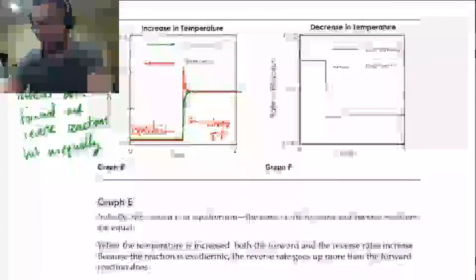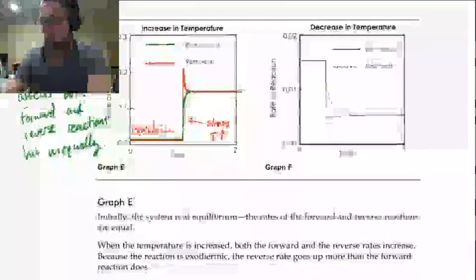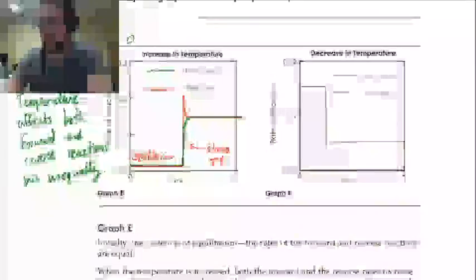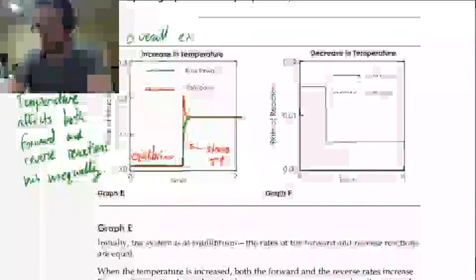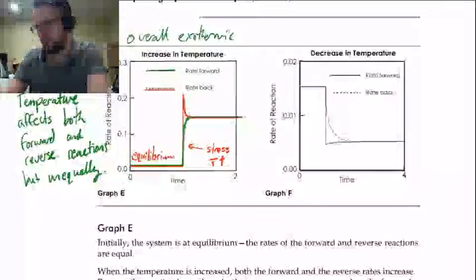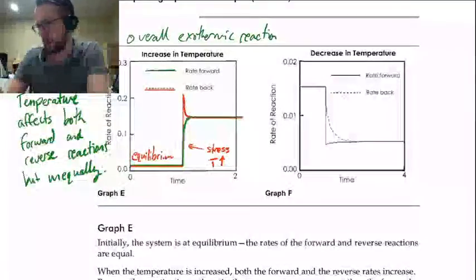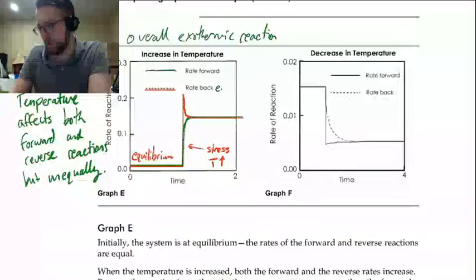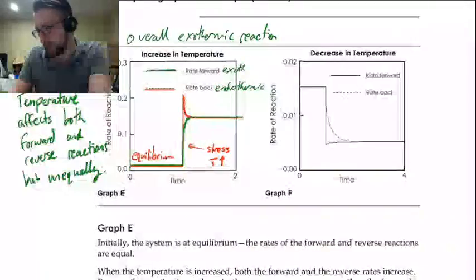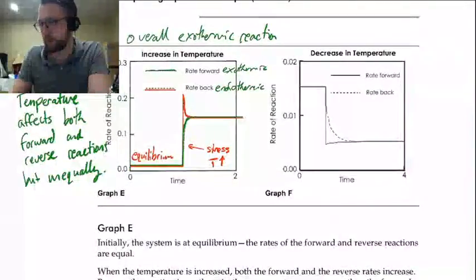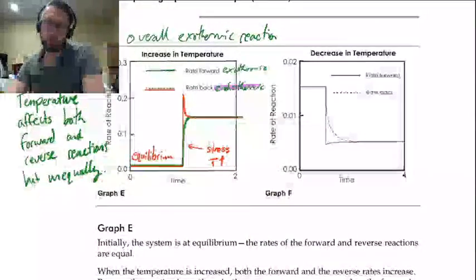So this is an overall exothermic reaction, and this means that the reverse reaction is endothermic, and this forward reaction is exothermic. The endothermic reaction has the greater effect because the endothermic reaction uses this extra energy.